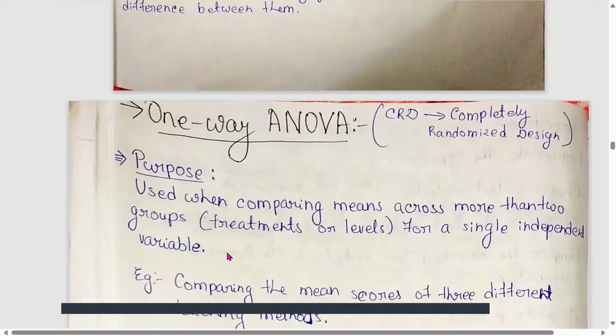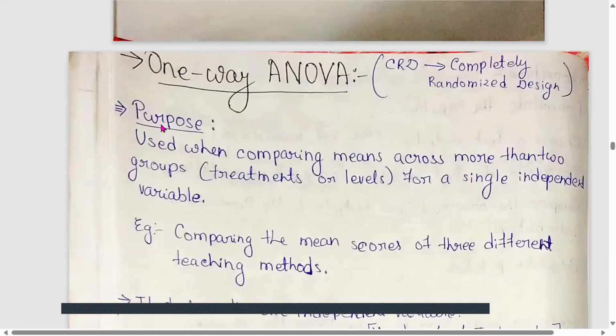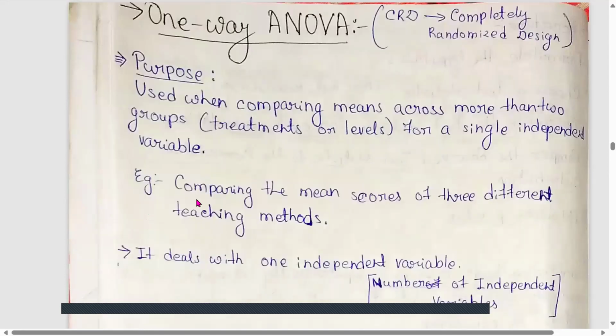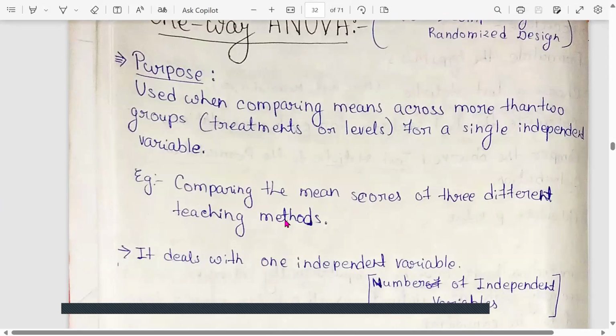Once again, one last time I am going to revise it, so if you still have any doubt, it will get clarified in this last revision. Purpose: used when comparing means across more than two groups. It might be treatments or labels for a single independent variable. The example given is comparing the mean scores of three different teaching methods.